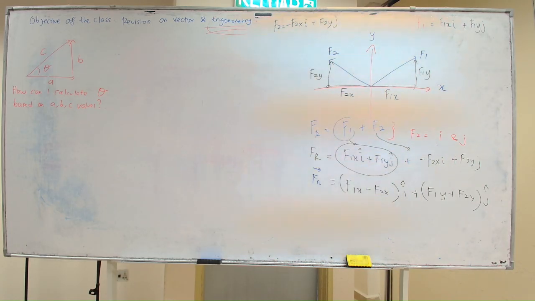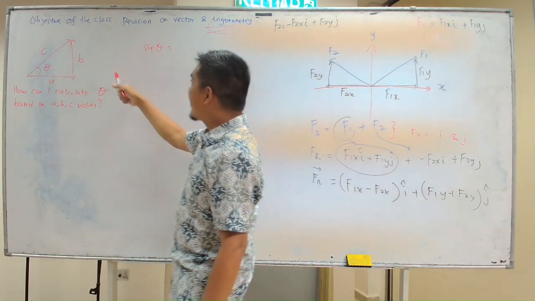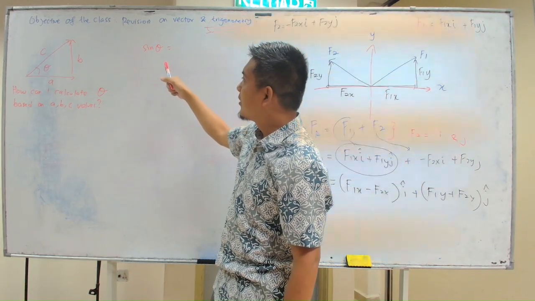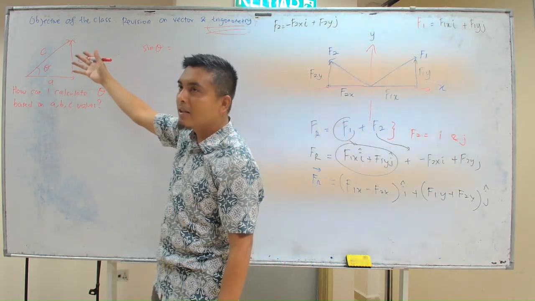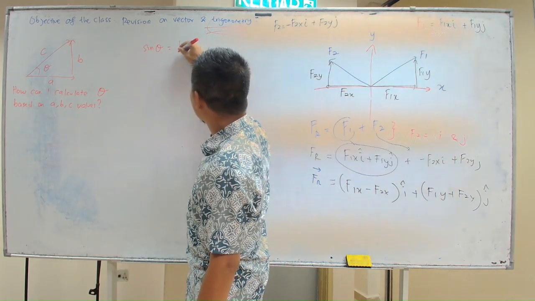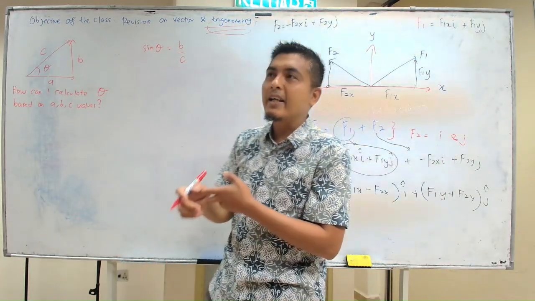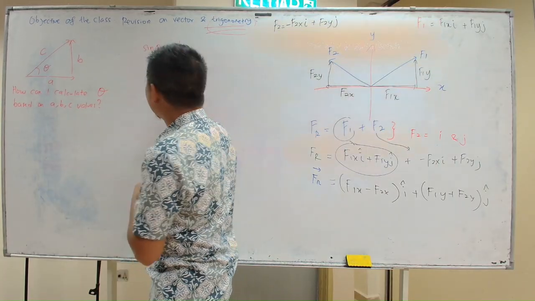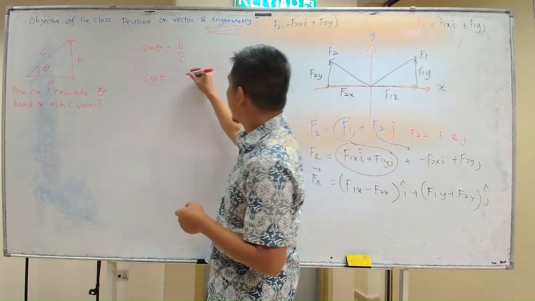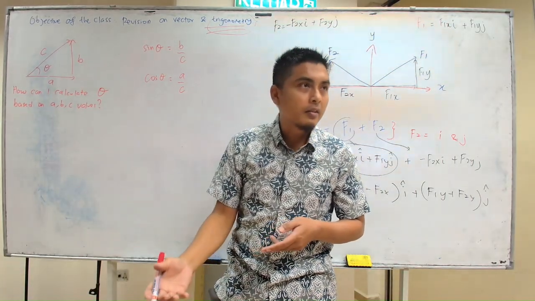Yes, sin theta. Okay, so I can use sin theta. The sin theta, what is the formula? What is the opposite? B over C. This is the first way. What is the second way? I can calculate theta with cos theta, A over C. Is there any way I can calculate theta?